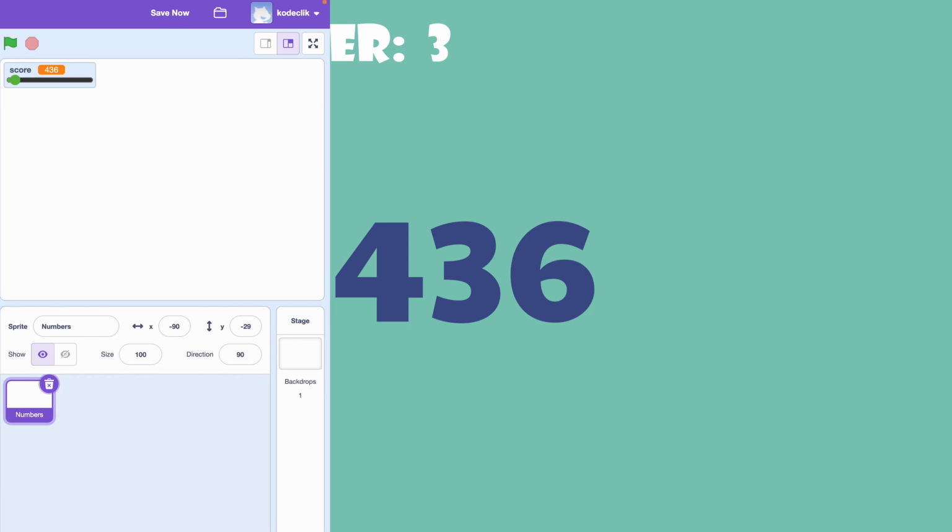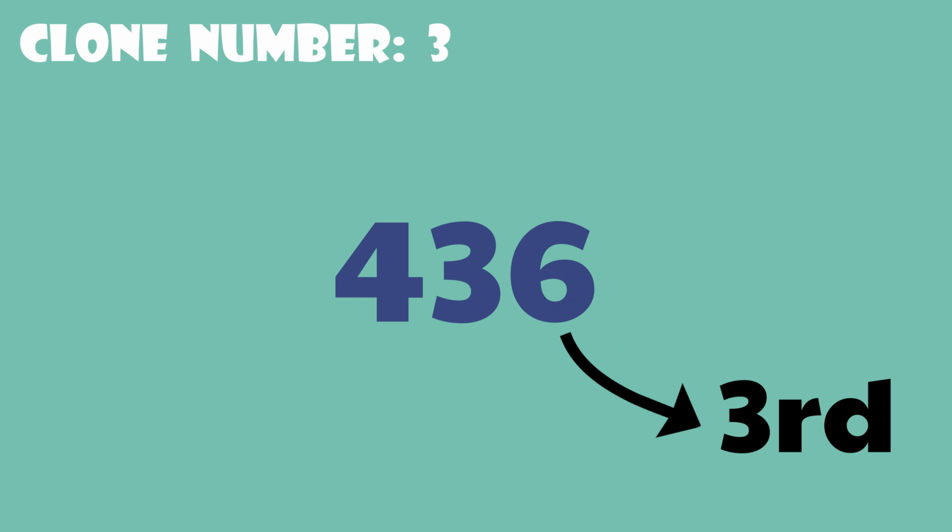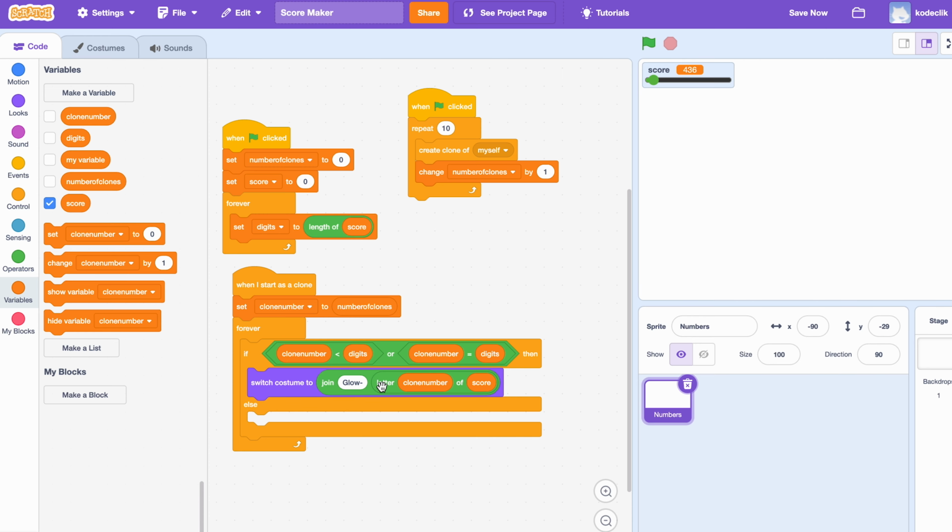So if this clone number is 3, that means it's the 3rd clone. So the 3rd digit of score would be 6, right? 1, 2, 3, 6. And then it joins that with glow hyphen, so it'd be glow hyphen 6.